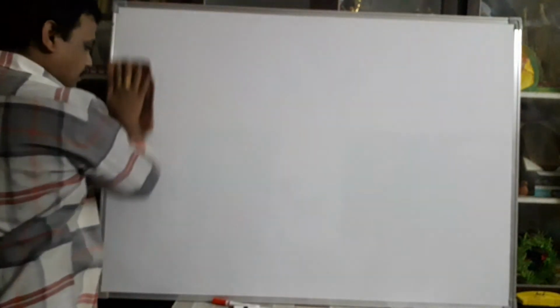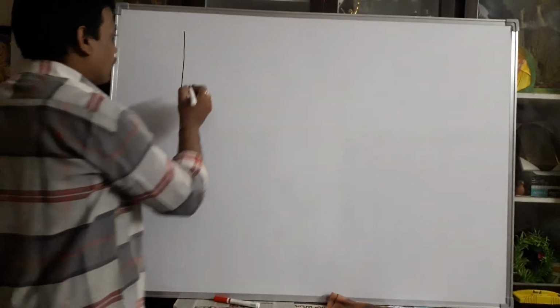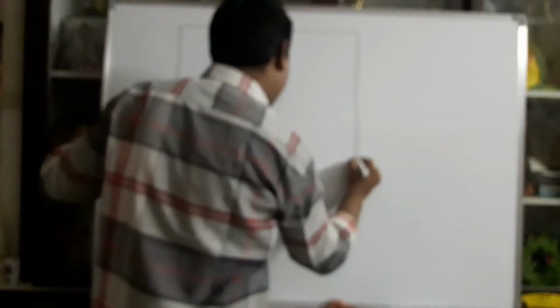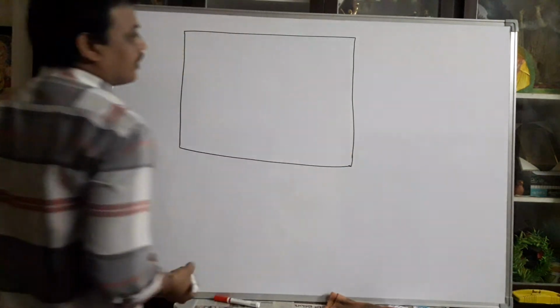I am clearly explaining the photographic plate. First of all, I am taking one square photographic plate like this. This is the square.